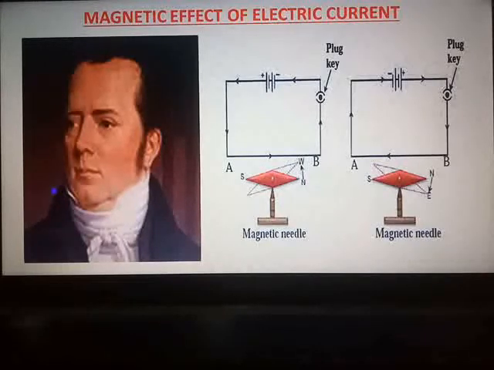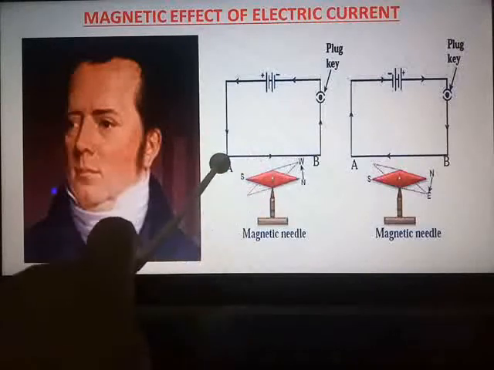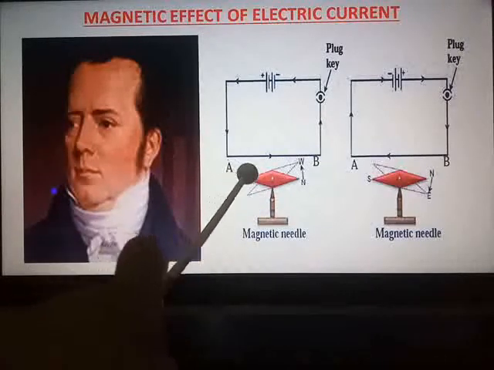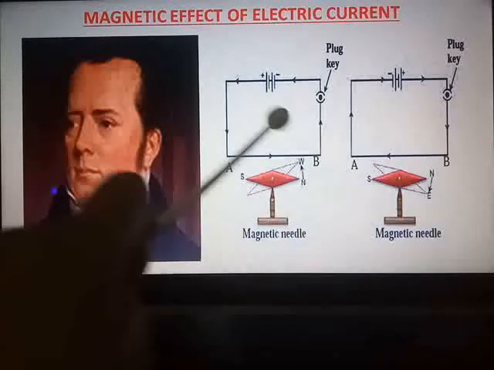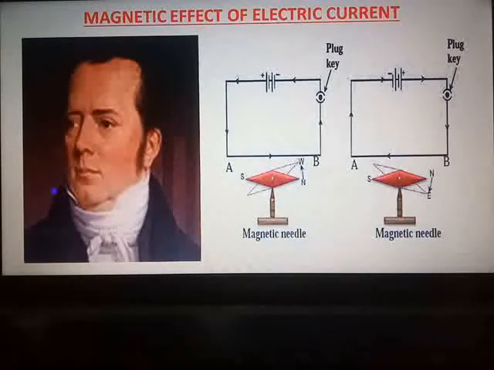This physics professor was doing experiments with some electrical equipment, and he saw that when current was passed, a nearby compass needle got deflected. He inferred that it was the electric current which was producing magnetism.